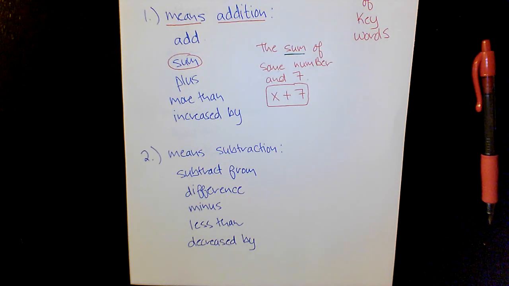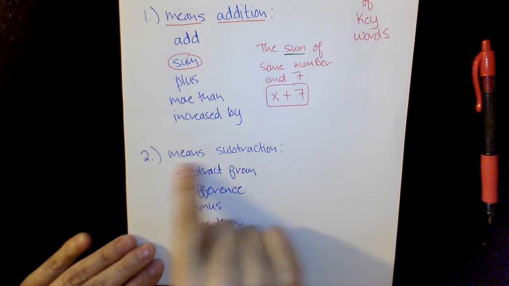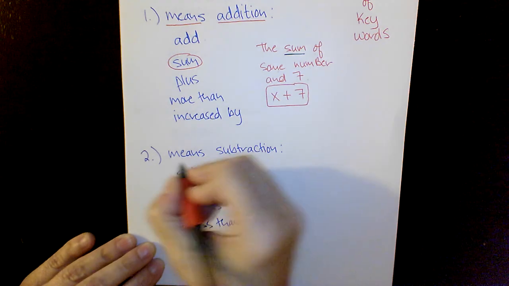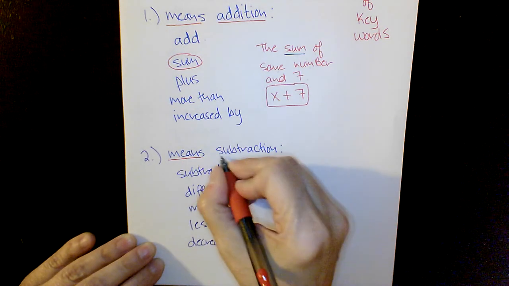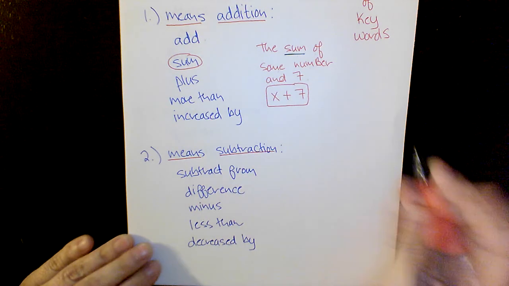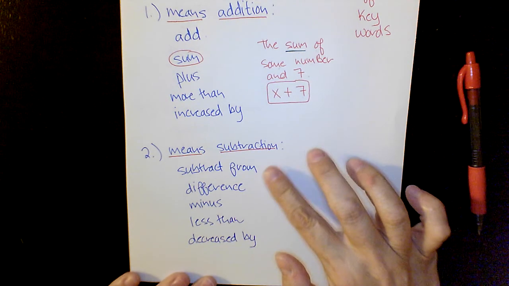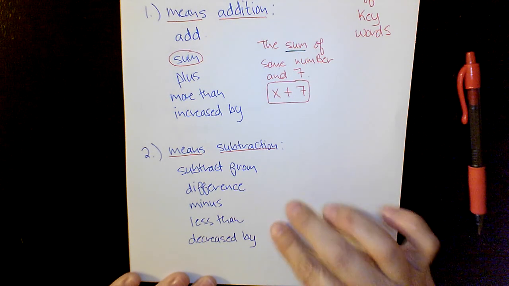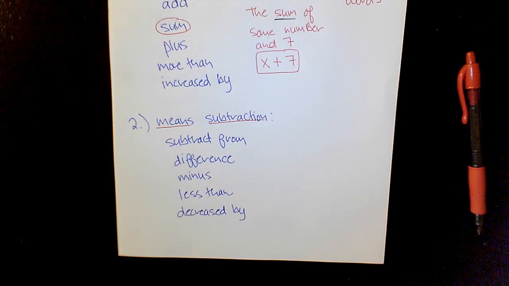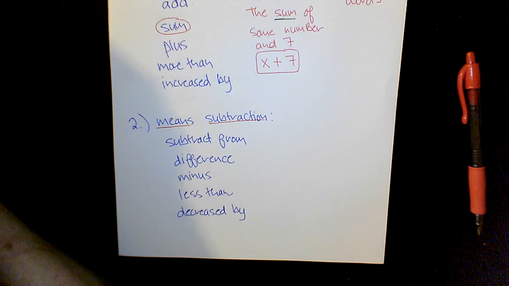In the second column, they're talking about the keywords that mean subtraction. If you see any of these keywords, you know that we're going to be subtracting.